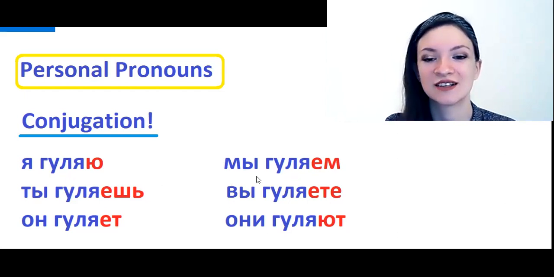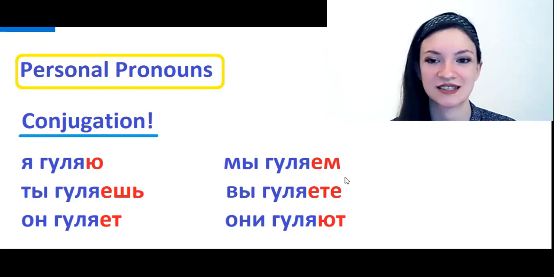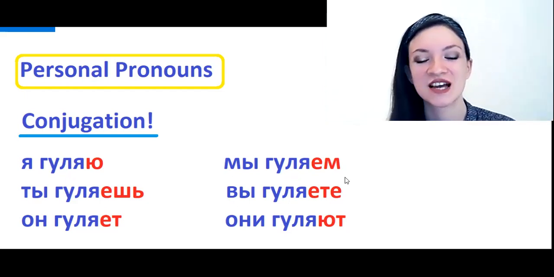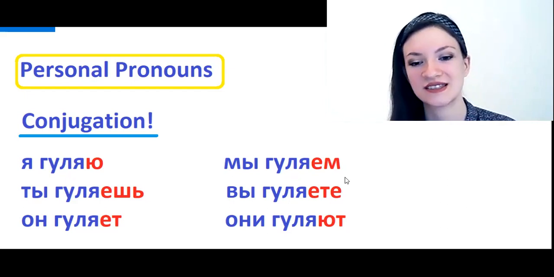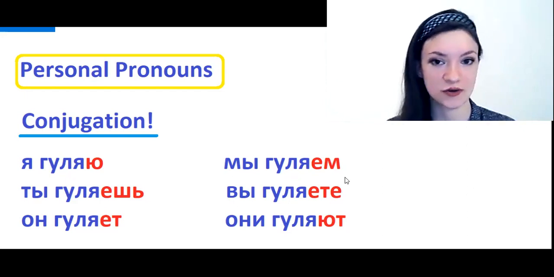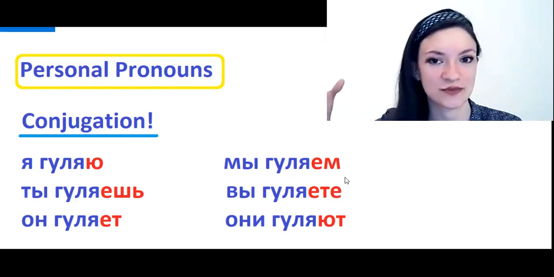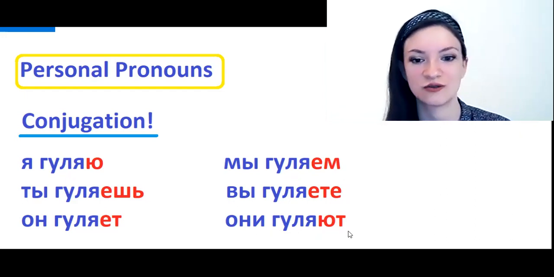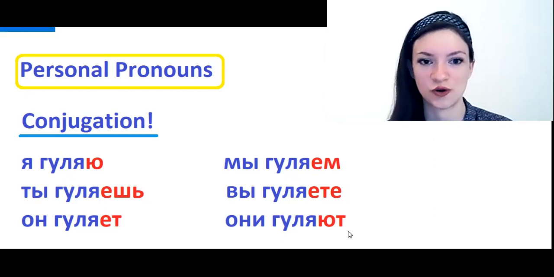Мы гуляем. It's like a ring. Вы гуляете. Вы is the plural form of you, or the polite form referring to one person. Они гуляют. They walk.